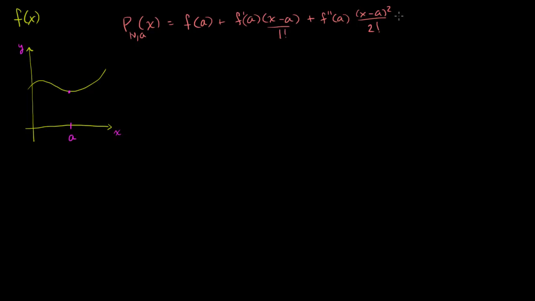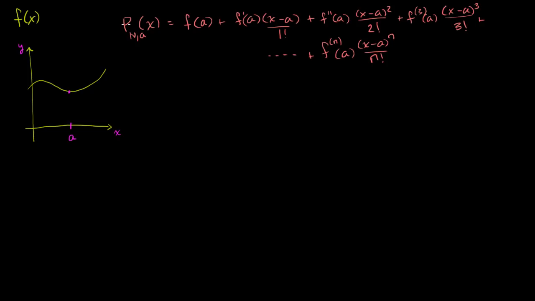And then plus the third derivative of f at a times x minus a to the third power. I think you see where this is going, over 3 factorial. And you keep going, all the way to your nth degree term, which is the nth derivative of f evaluated at a times x minus a to the n over n factorial.